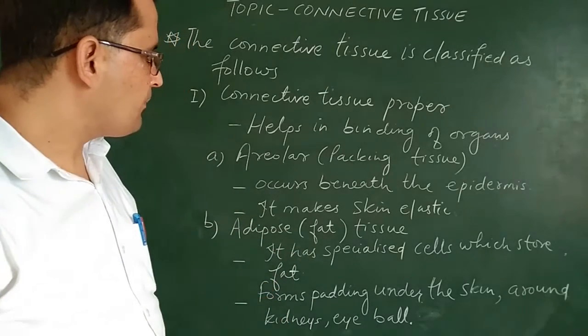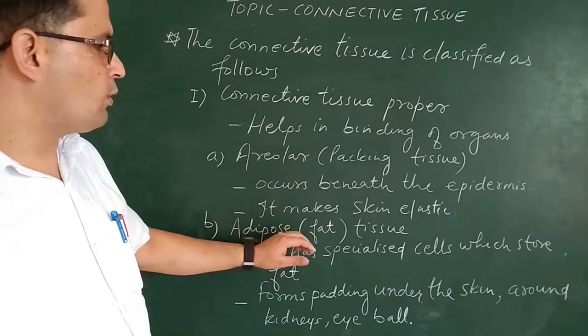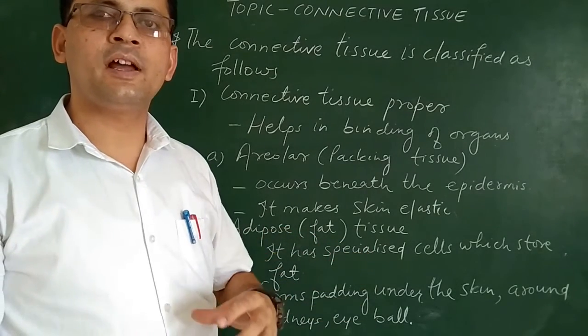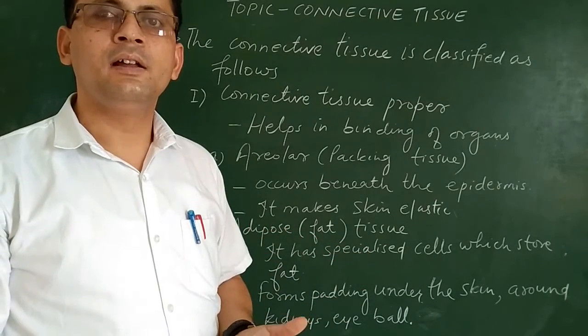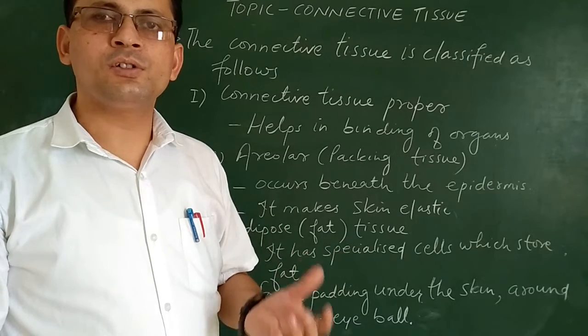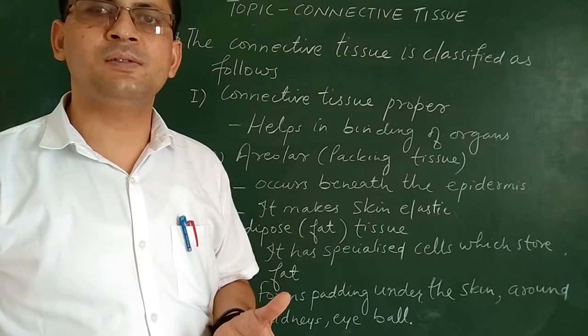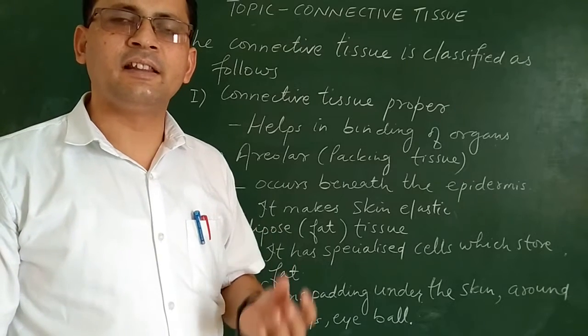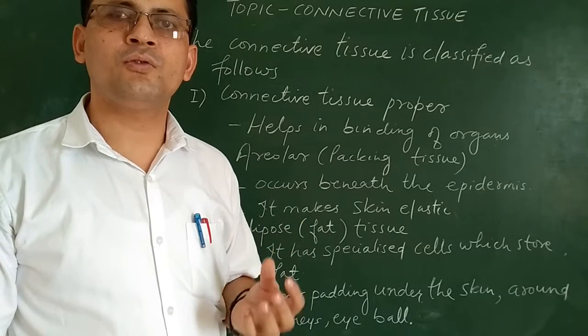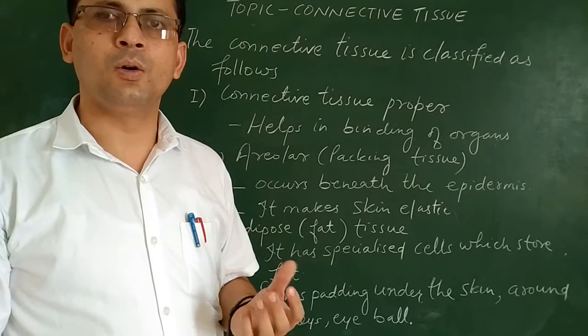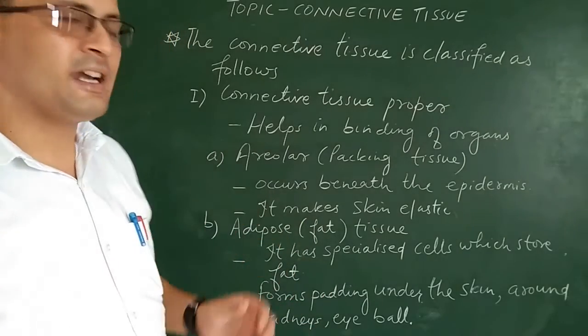And the second one is the adipose tissue, which is also known as fat tissue. Adipose tissue has some specialized cells known as adipocytes, and these adipocytes store fat in them. Now what is the role of this adipose tissue beta?